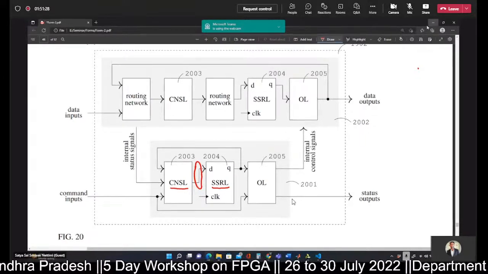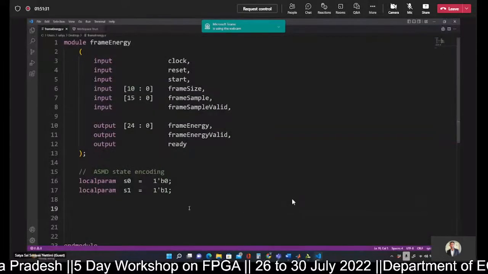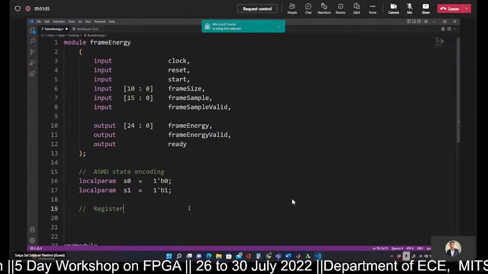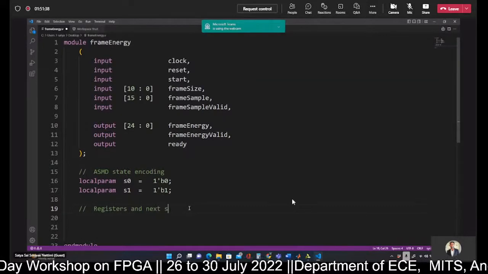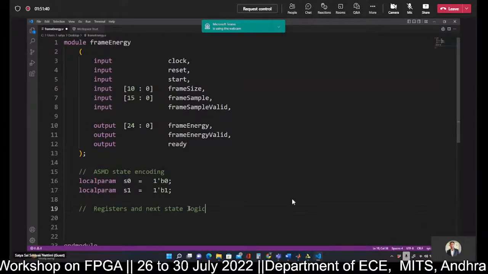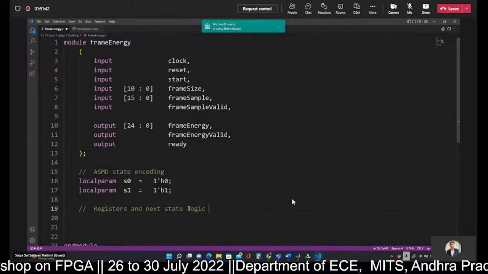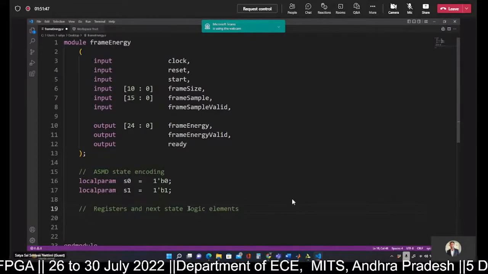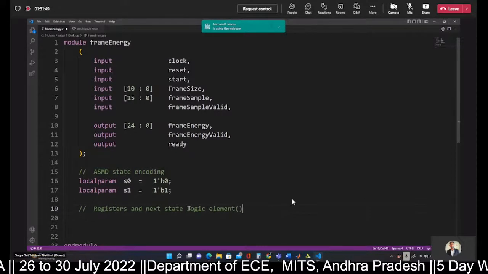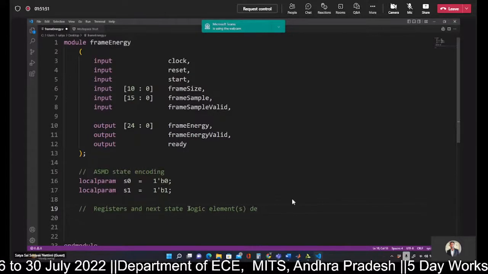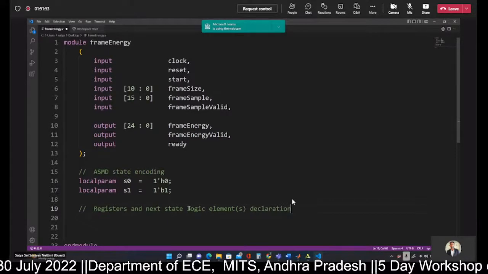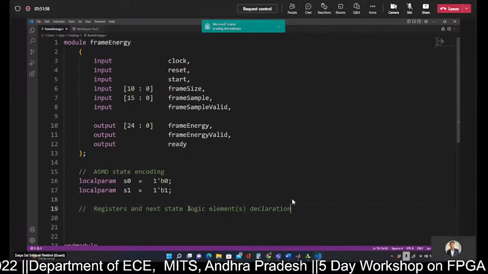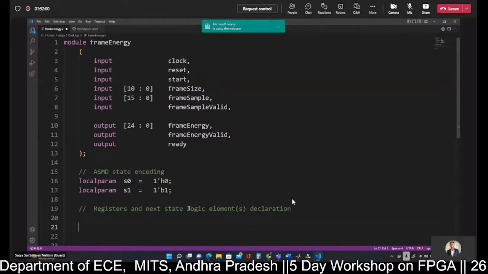As per the template, now what you have to define is registers and next state logic elements. You have to declare any registers or next state logic or elements that you are going to use.